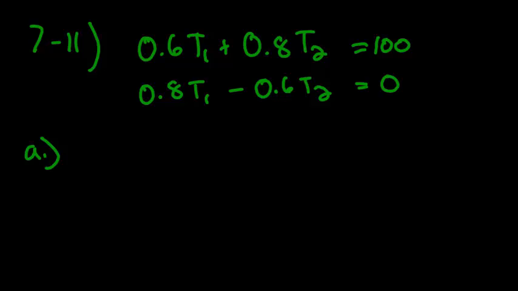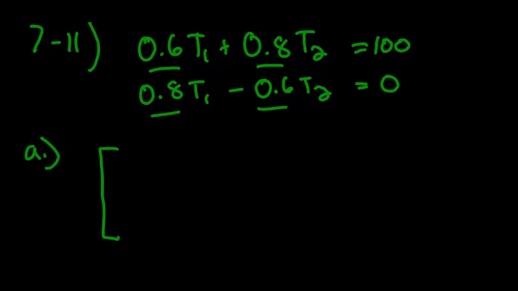Right here. We have two variables, T1 and T2, and we have the coefficients of those ones, which are 0.6, 0.8, 0.8, negative 0.6. So we can then rewrite these two equations in matrix form like the following.